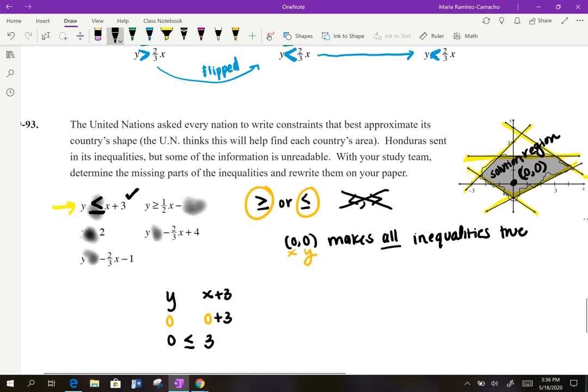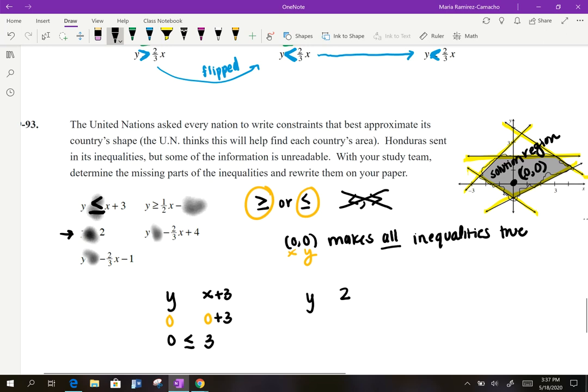Our next inequality, didn't mean to erase that. Our next inequality is this one. It's got a y, and a 2. Okay, again, plug in 0 for x and 0 for y.